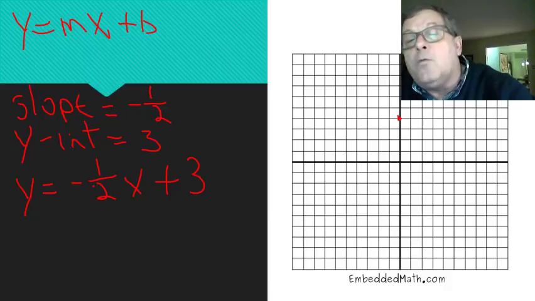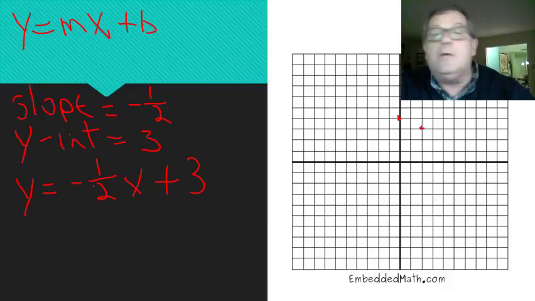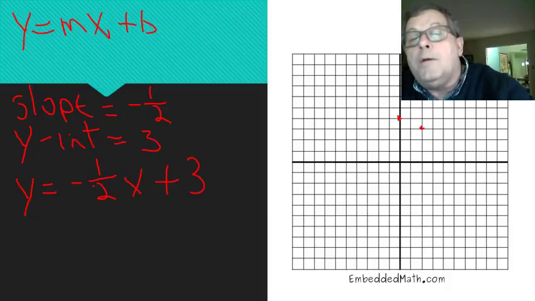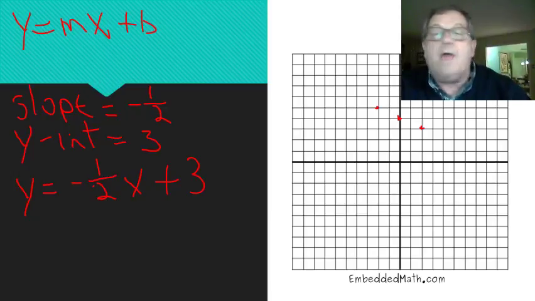I can go down 1 and to the right 2. That'll give me a point right there. Or maybe I could go up 1 and to the left 2. Either one of those represents a negative slope of 1/2.